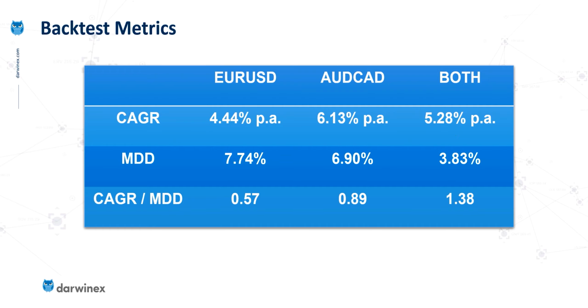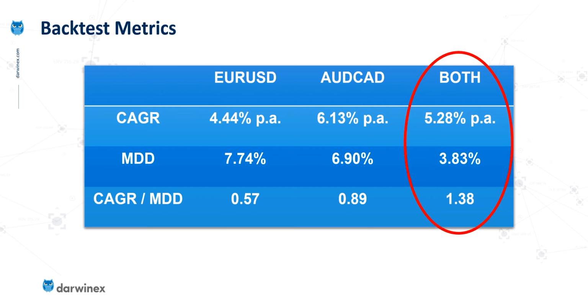Now because I halved the risk, the CAGR value ends up being somewhere between the other two, which is exactly what we'd expect. But look at the maximum drawdown figure. This has been significantly reduced. So we're now on a 3.8% drawdown. And by combining that with the compound annual growth rate, we get a figure of 1.38.